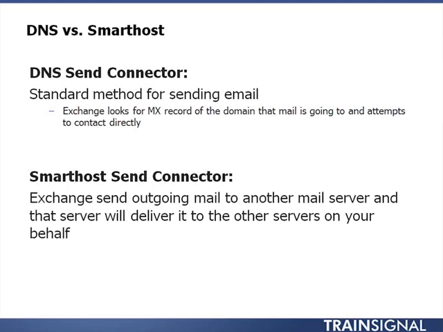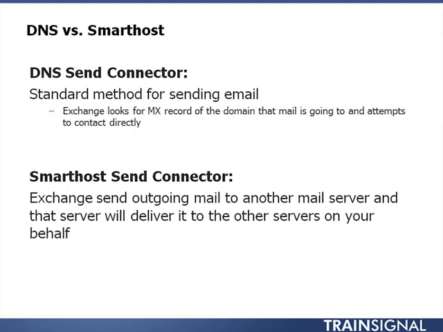With a smart host send connector, Exchange sends outgoing email to another email server, and that server will deliver it to other servers on your behalf. So one way or another, your email will get to its destination server, but you may decide to go with a smart host at times as opposed to using the DNS MX records.